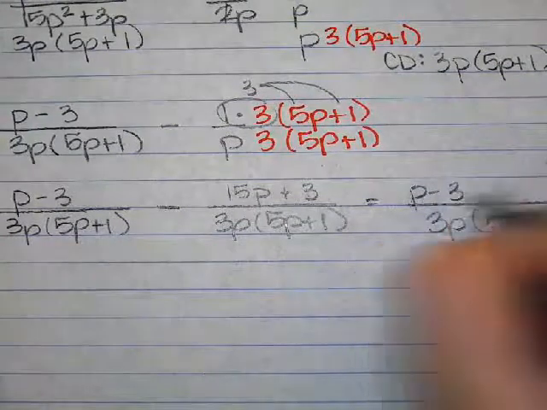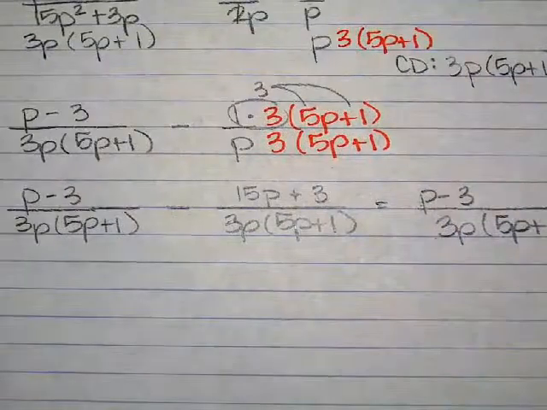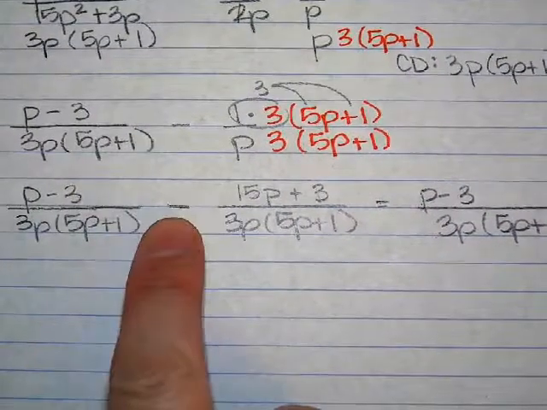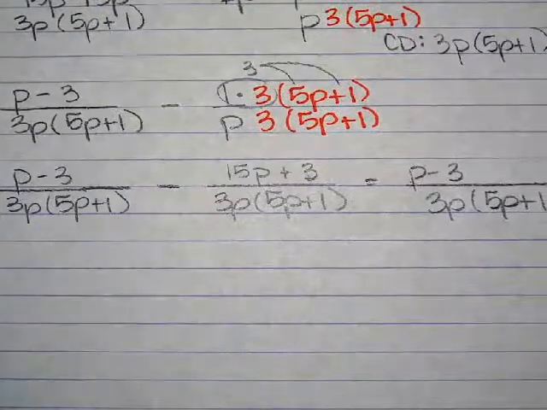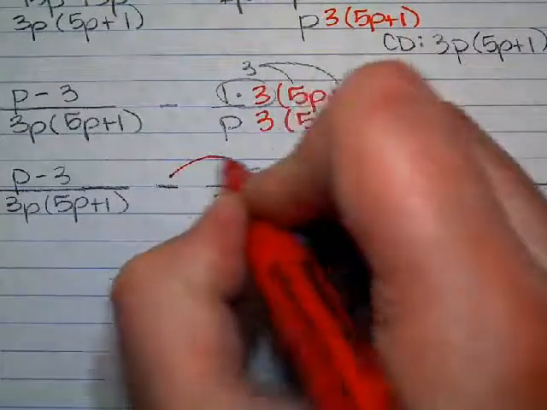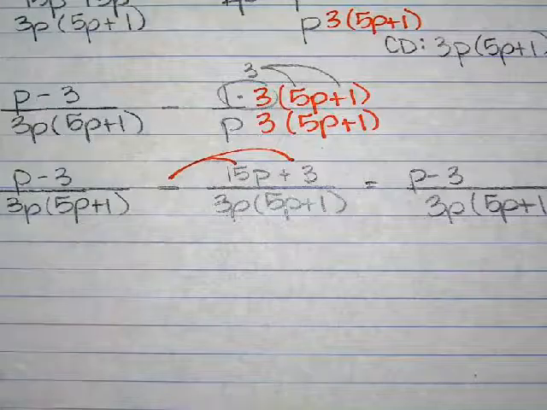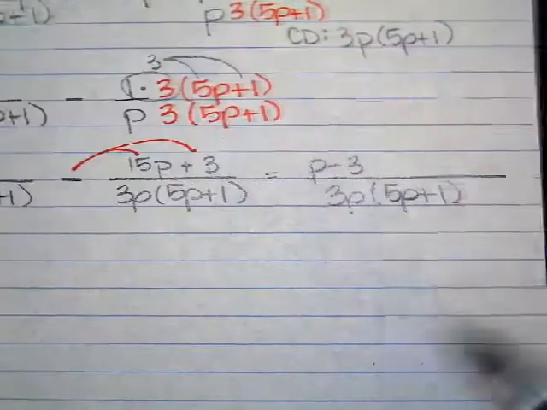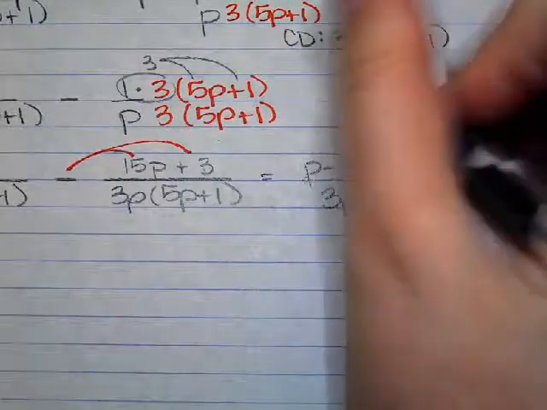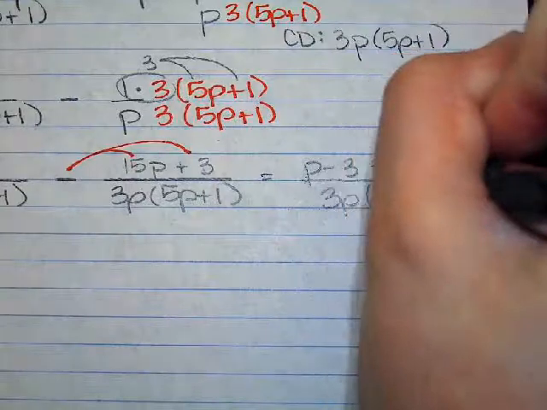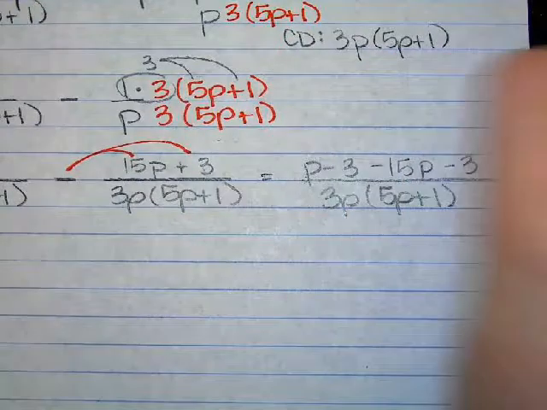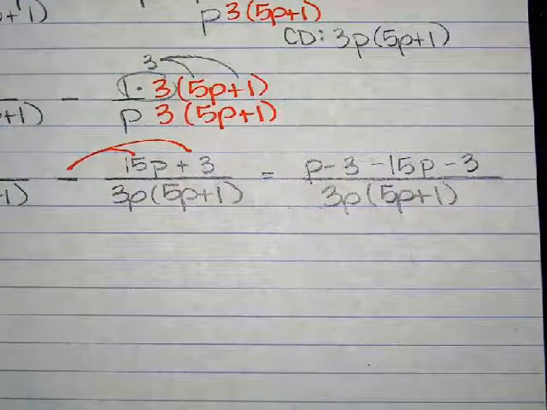And then what do we have to do? Distribute the negative. And what do we get? Okay. And so what do we have now?